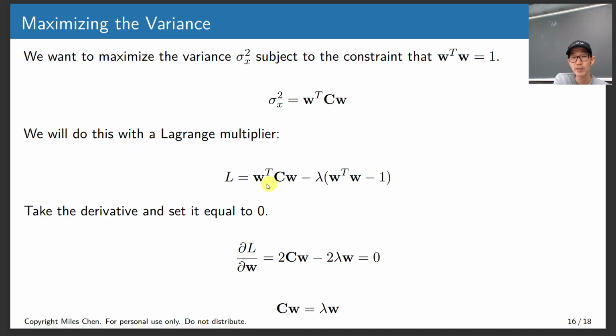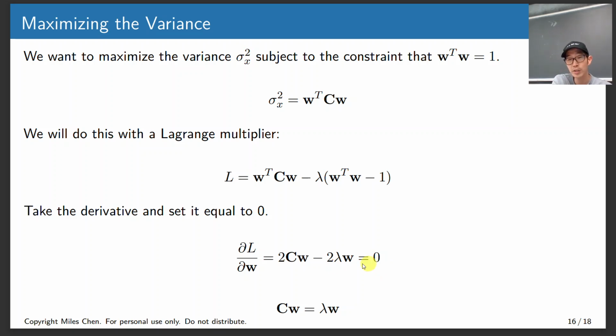The gradient with respect to w of w transpose Cw results in 2Cw. Then negative lambda w transpose w results in negative 2 lambda w, and the 1 zeroes out. So this is our gradient. We set that equal to 0, and now we want to solve for w.